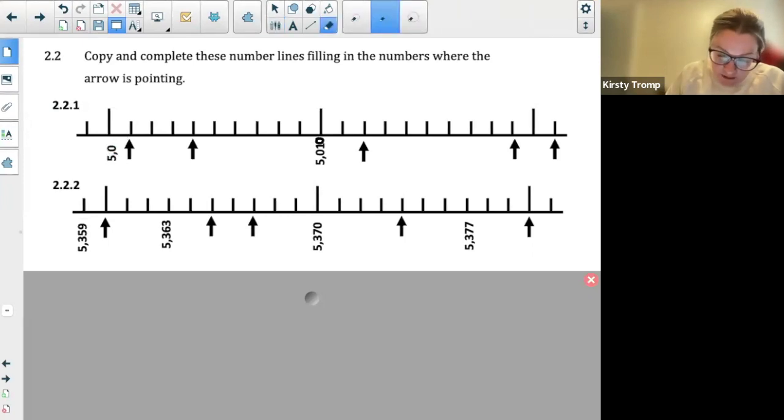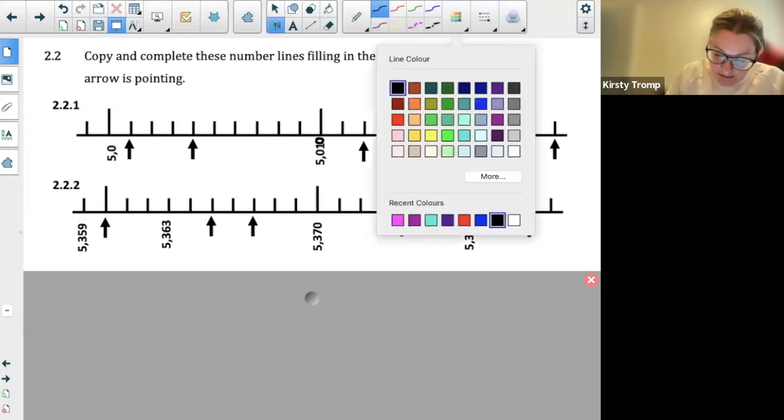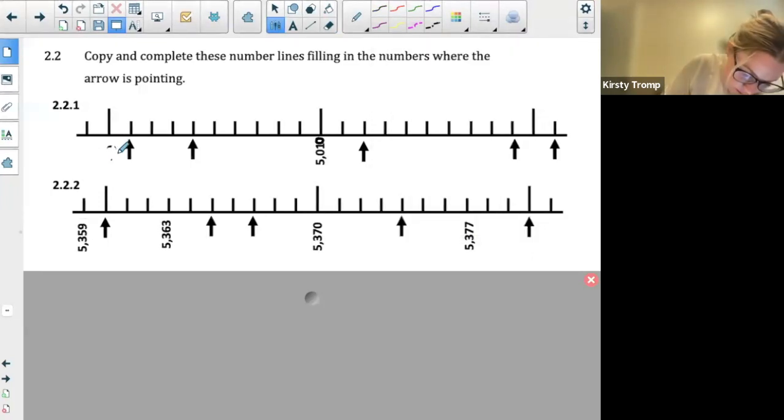Instead of 5.0, we go and we write, instead of being 5.0, we change it and we make it 3 decimal places. So we've got 5.000. And if that's 5.000, then what's that arrow pointing at? That arrow is going to be pointing at 5.001.